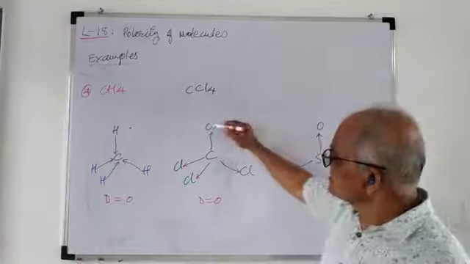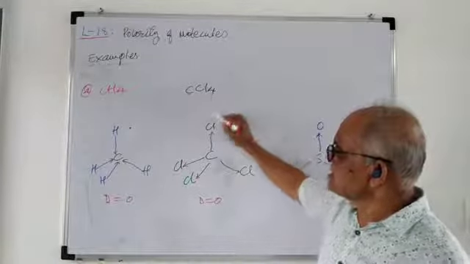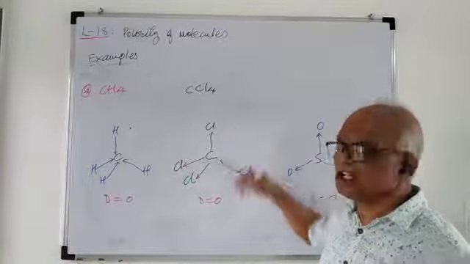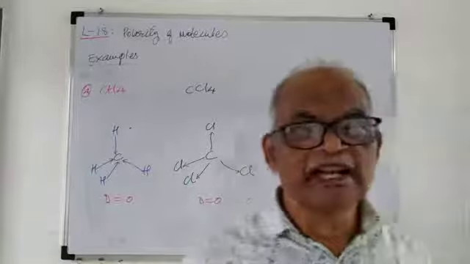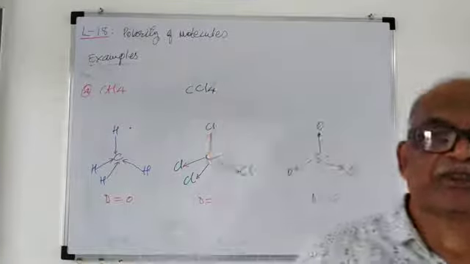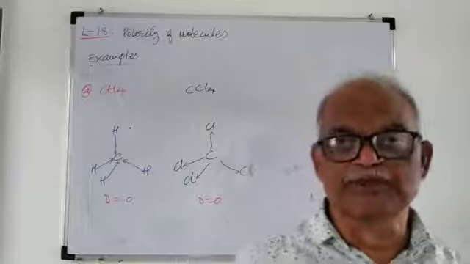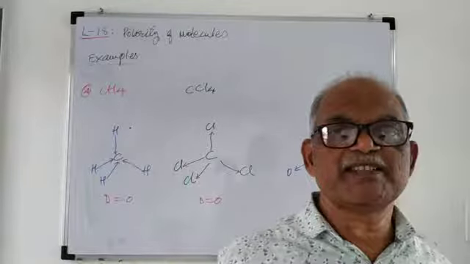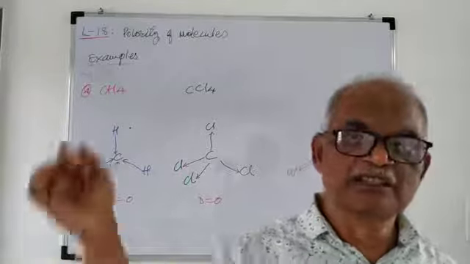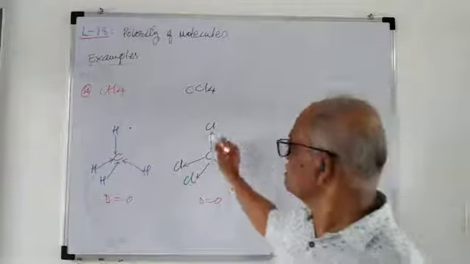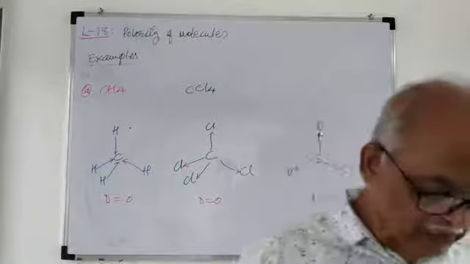That is, this negative terminal will attract the positive terminal, the relatively less electronegative terminal of other molecules. Electron densities of the remaining molecules influence the dipole moment of this molecule.